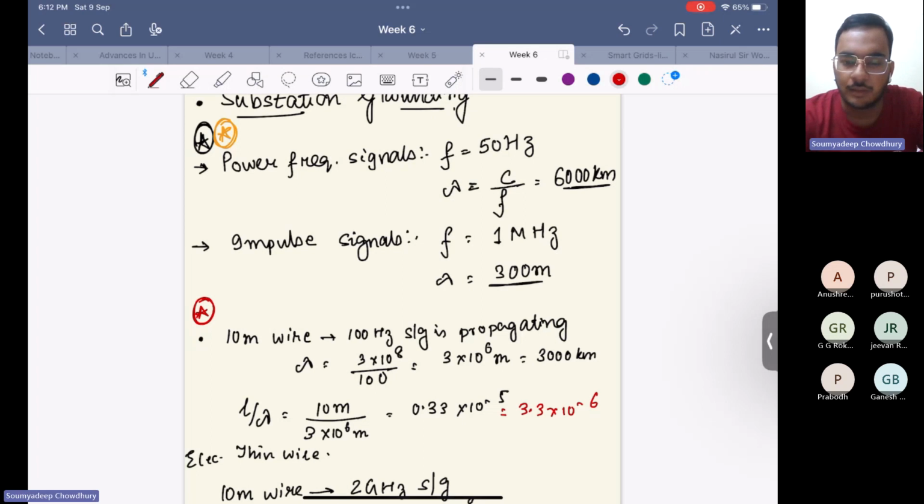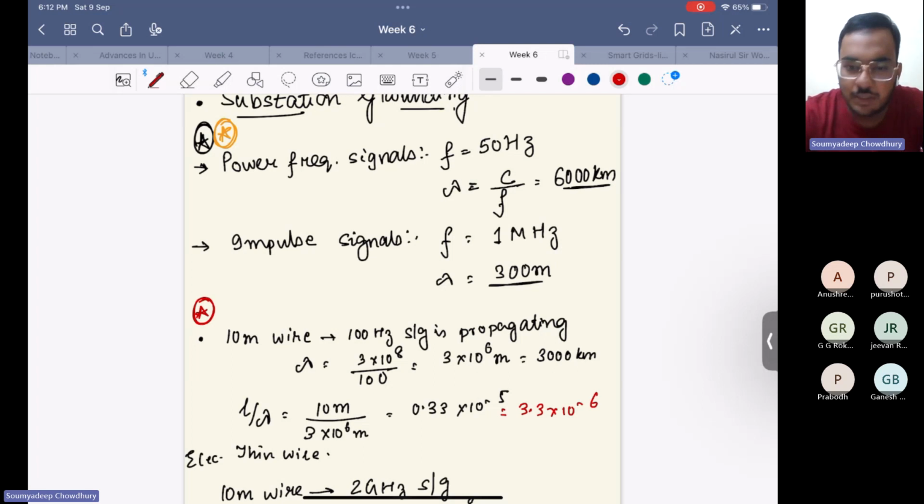If the frequency is 100 hertz, the wavelength of the signal is around 3000 kilometers. From that, we find the ratio L by lambda. L is 10 meters, and the ratio is around 3.3 into 10 to the power minus 6, which is very small. So yes, it is an electrically thin wire.